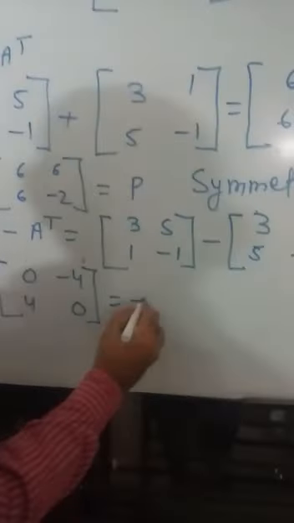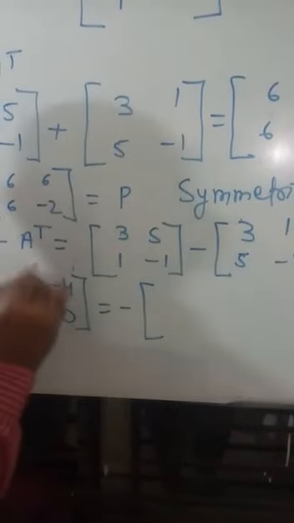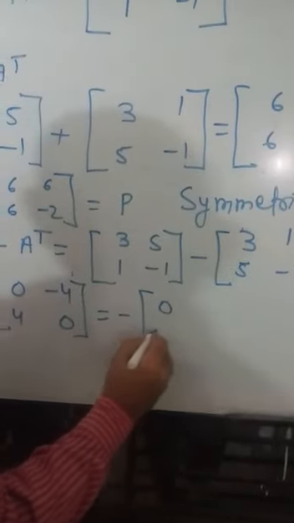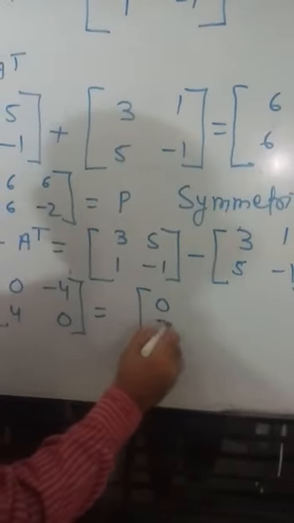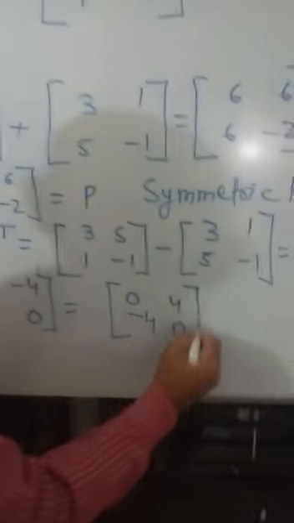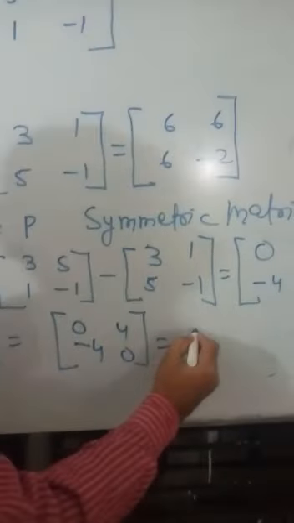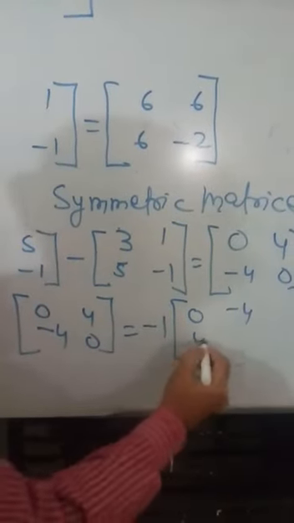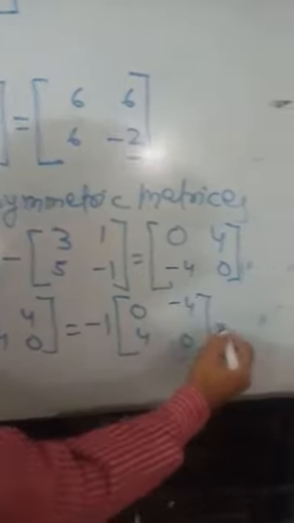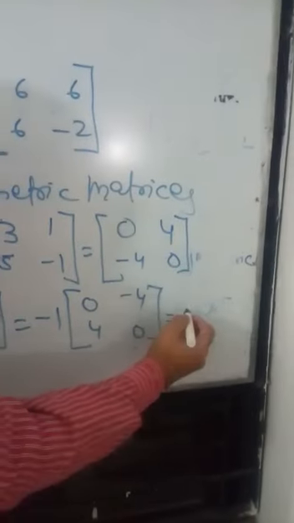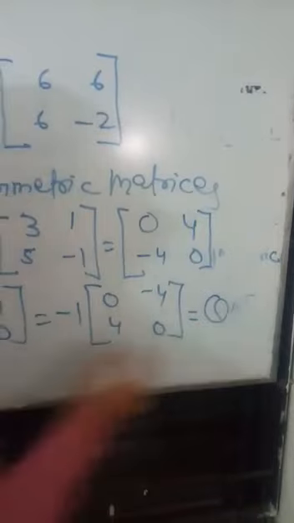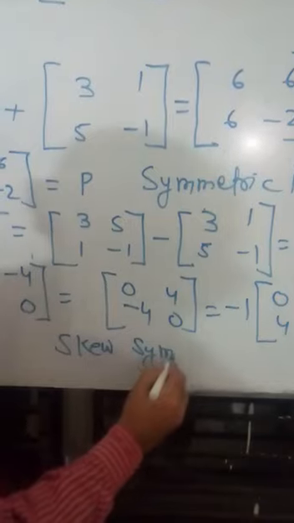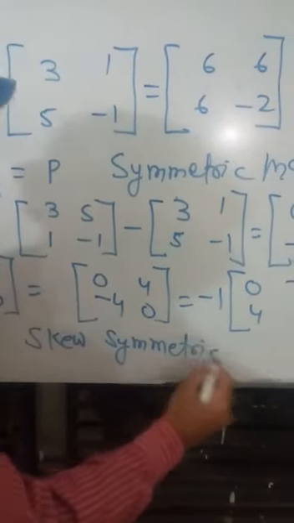Call it Q. Now, the transpose of Q will be 0, minus 4, 4, 0. Taking the scalar multiple minus 1 common, it becomes minus 1 times 0, 4, minus 4, 0, and the same result is Q. That is a skew symmetric matrix.